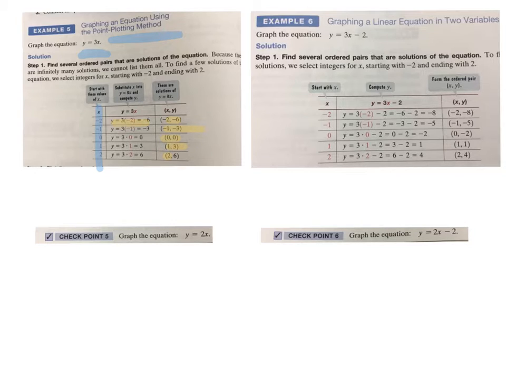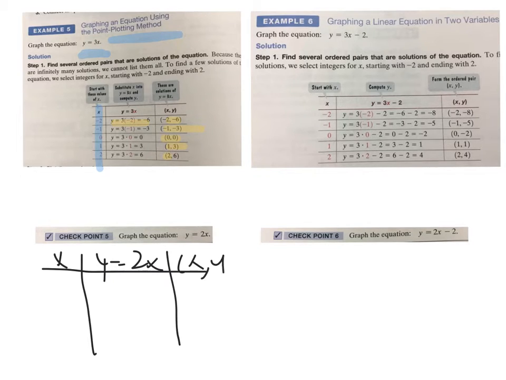So if I were going to do that for this problem, I would have my x values, I would have my equation, and then I would have my coordinates from the equation. If I put in 0, I would get y equals 0, so I'd have 0, 0.